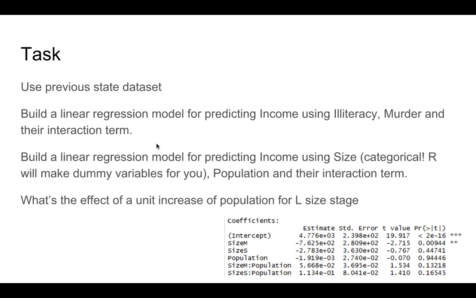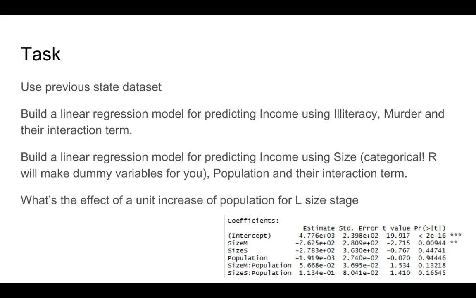So once we have the model, we want to see how we can use it to do prediction. The question is, what's the effect of a unit increase of the population for the size equal to L?